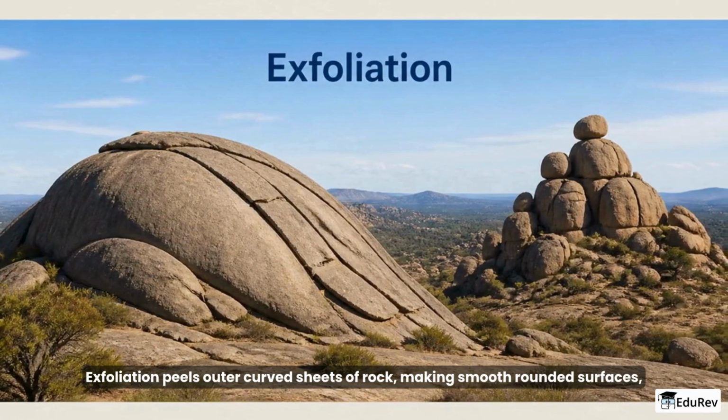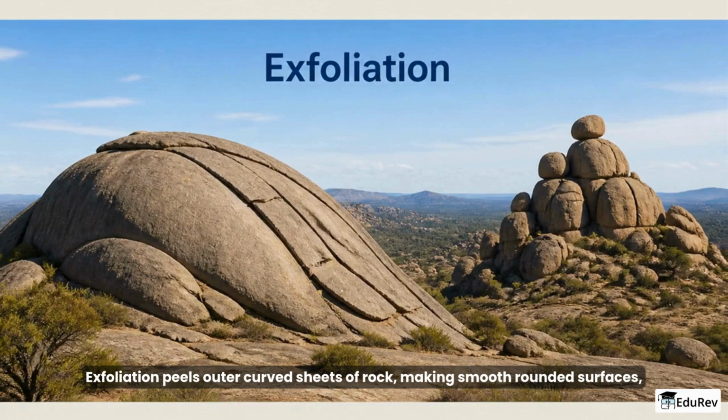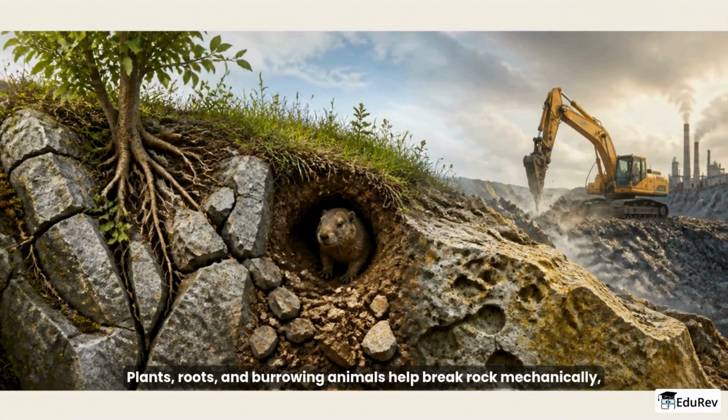Exfoliation peels outer curved sheets of rock, making smooth rounded surfaces, dome shapes on granite, and isolated rocky tors as common landforms. Plants, roots, and burrowing animals help break rock mechanically, and their decay makes acids that speed chemical weathering. Humans speed it more.